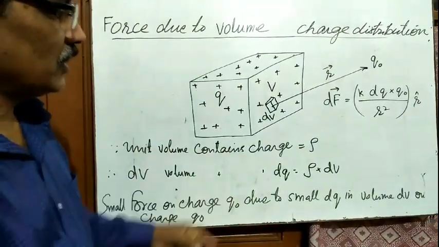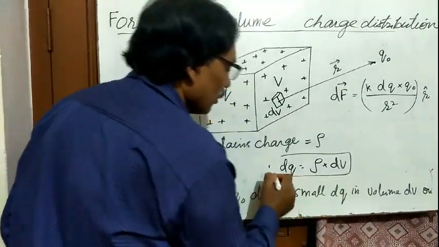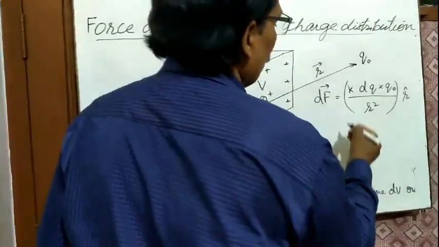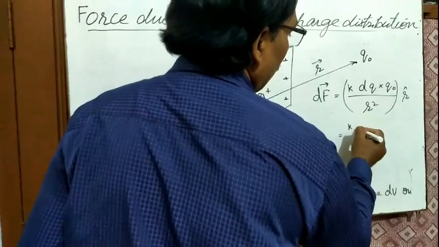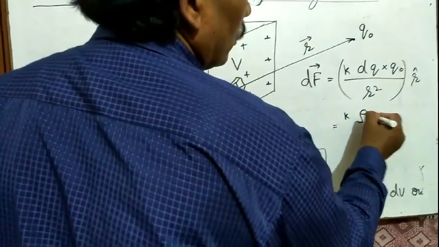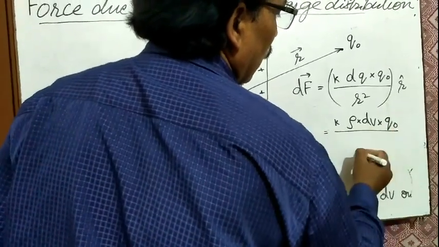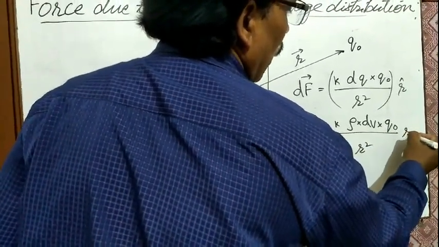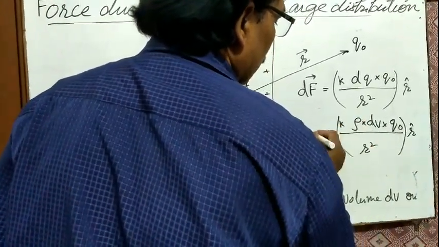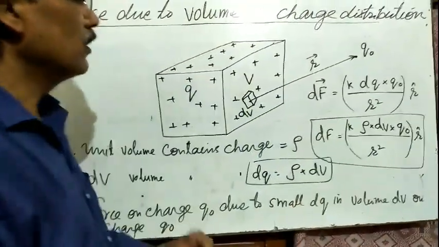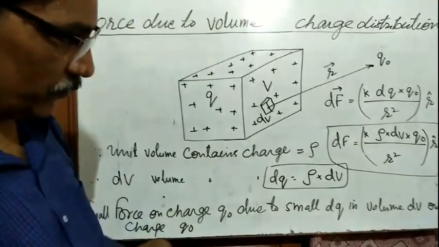Now put the value of dQ. dQ is rho into dV. So dF is K rho dV Q naught by R square R cap. This is a small force because of a small charge in this small volume.